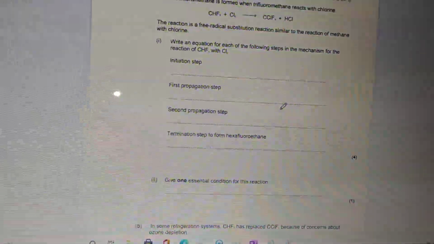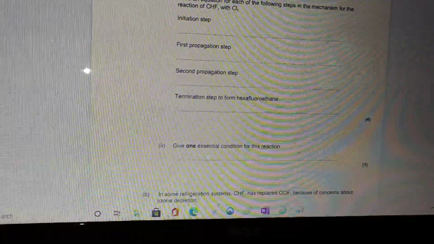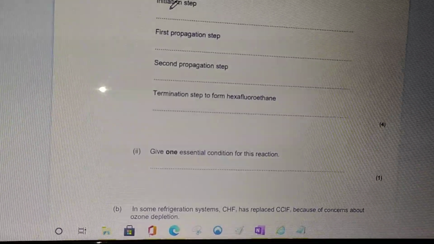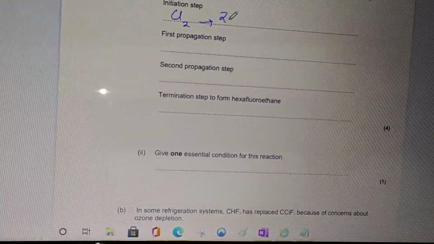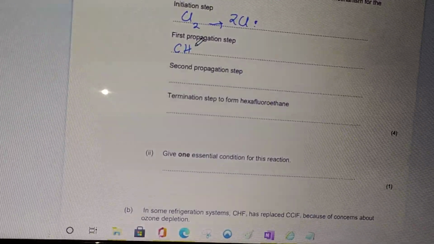Coming on, this is the 5th question that we've seen on this case. The initiation reactions. Okay, first propagation stage.